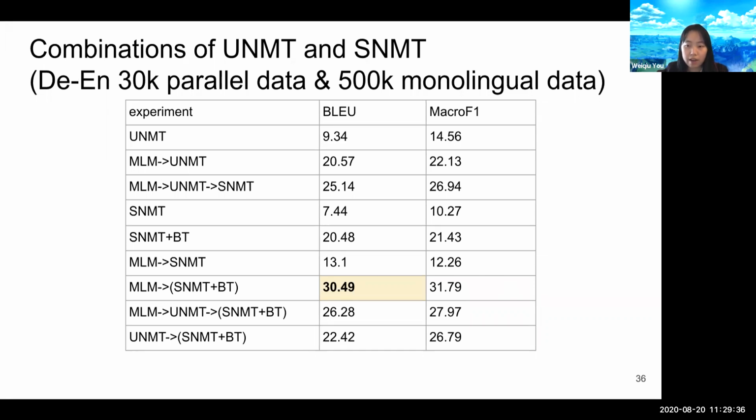The result aligns with XLM's result that first pre-training with MLM, the masked language model, and then training with both supervised MT and back translation gives the best result. So this is the highlighted number. This is just 2 to 3 BLEU lower than training with 5 million monolingual data unsupervised or 1 million parallel data supervised.